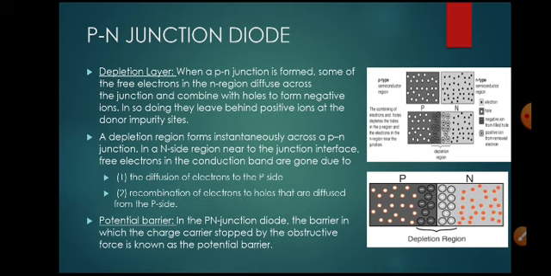Here a thin depletion layer or space charge region is established on both sides of the junction. So this is called a free charge carrier region, a depletion of free charge carriers. The barrier potential or the junction potential is developed across the junction. The barrier potential is where the charge carriers are stopped by the obstructive force.